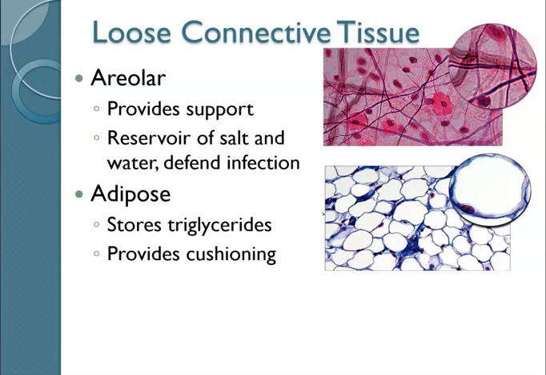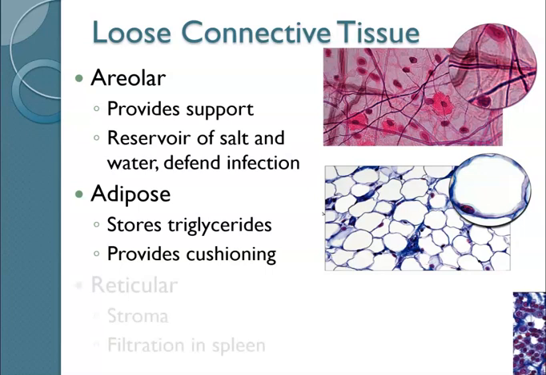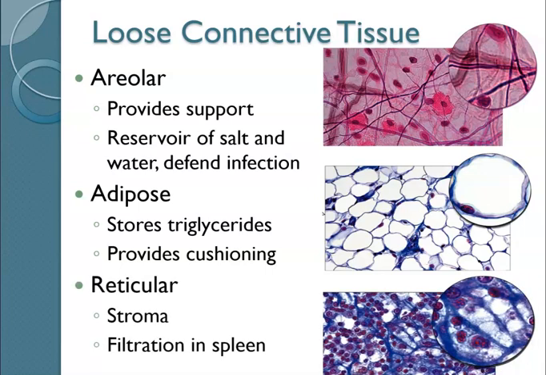Areolar connective tissue is found in our skin, for example, in the papillary layer of the dermis. It's also found in a lot of capsules around organs, even in joints. We find areolar connective tissue. The last of the loose connective tissue is called reticular connective tissue.